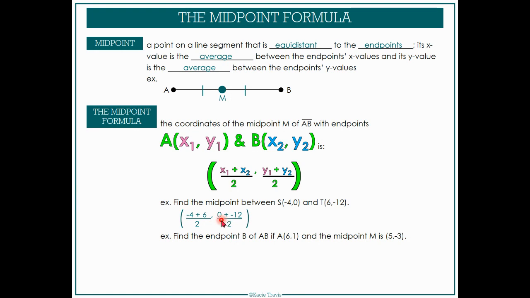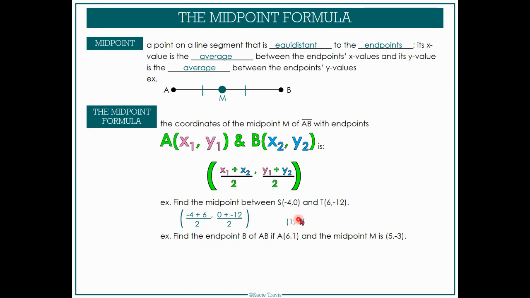Same thing with our y values. We add them up, divide them by 2. Now, -4 plus 6 is going to be 2. 2 divided by 2 is 1. And -12 plus 0, that's going to be -12. And divide that by 2, that'll be -6. So our midpoint is 1, -6.